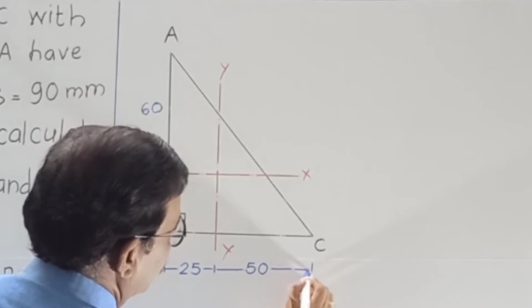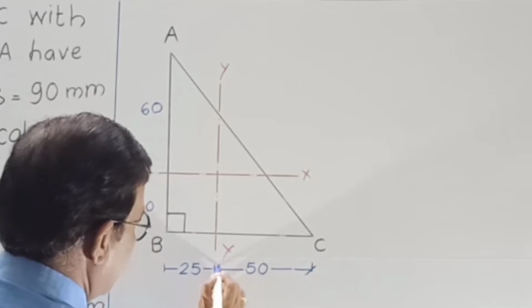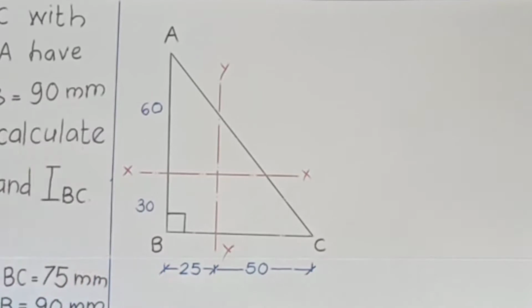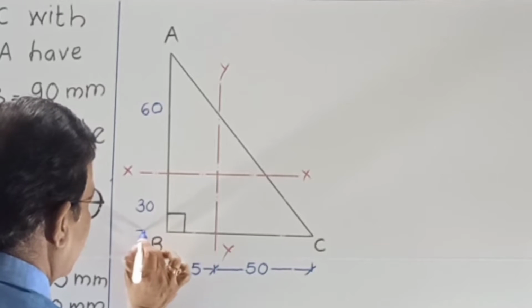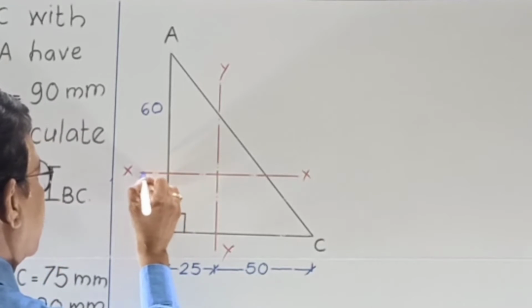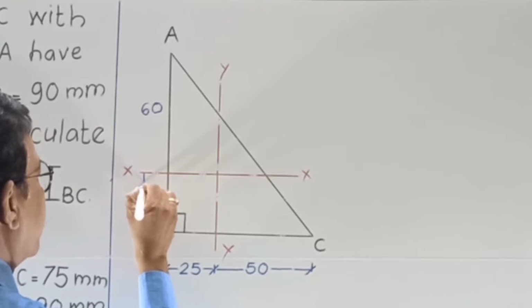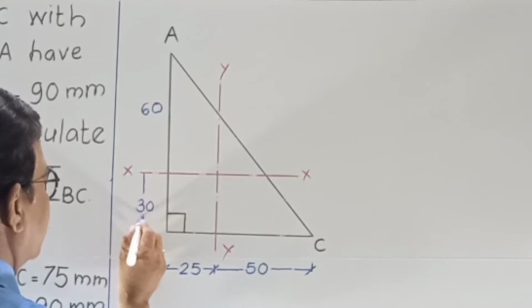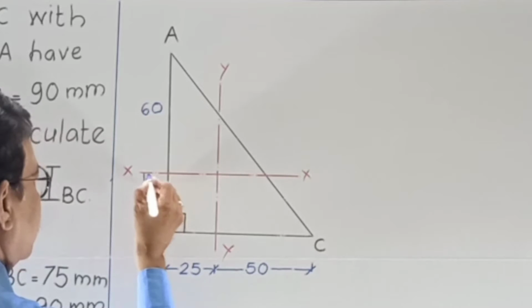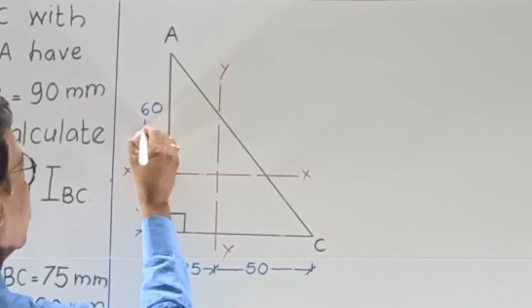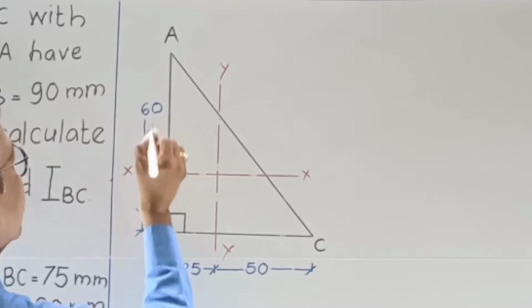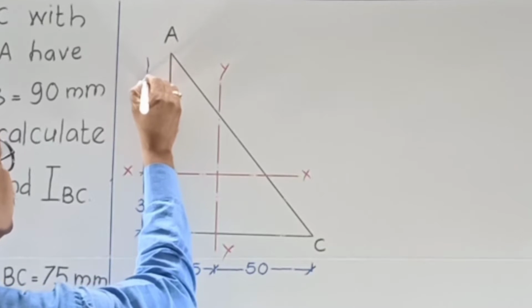This we already saw in applied mechanics, that the centroid of the triangle lies at h by 3 from base or 2h by 3 from apex. So here h is equal to 90, so h by 3 is 30, so this is 30, and 2h by 3 is 60, so this is 60.